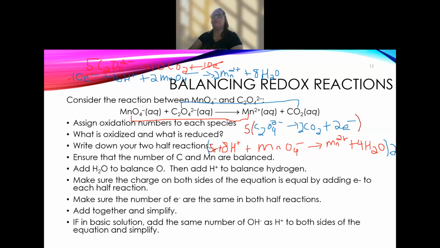So if I were to add this at this point, and I can write this down here, if I can find my pointer. So I'm left with 16 H plus 5 C2O4 2 minus going to give me.